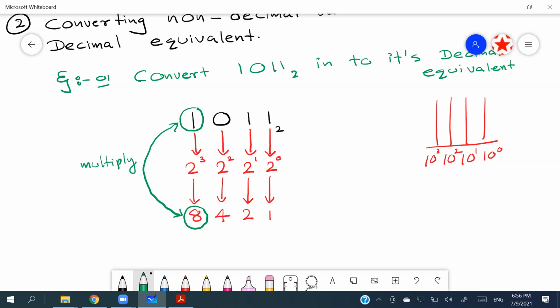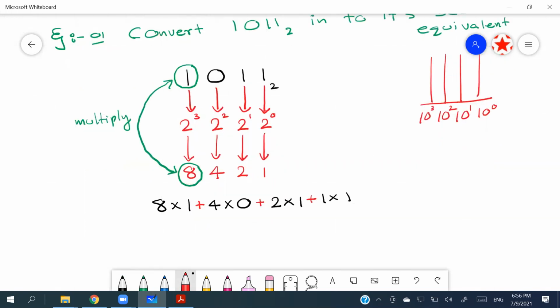Right? So we are going to do it for each and every place value. That means we have to create 8 into 1, 4 into 0, 2 into 1, 1 into 1, and then add these things together.